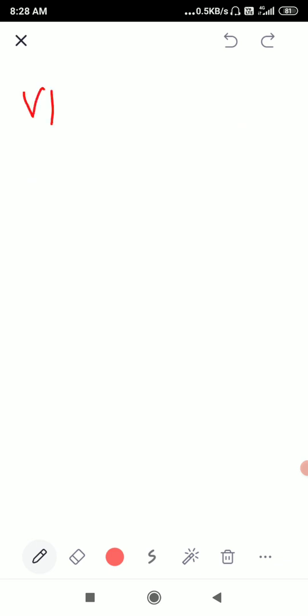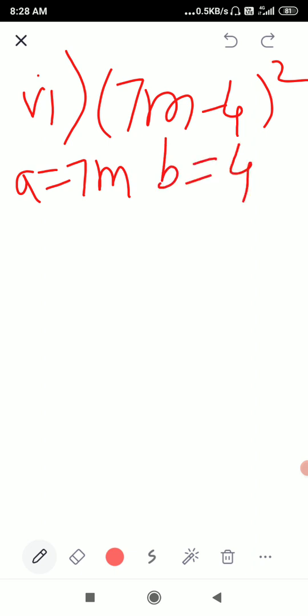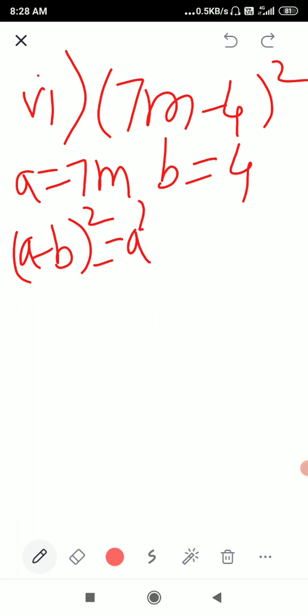Now the sixth, same only. Sixth, it is (7m minus 4) whole square. Now a is equal to 7m, b is equal to 4. So the formula (a minus b) whole square, a square minus 2ab plus b square. Yes.